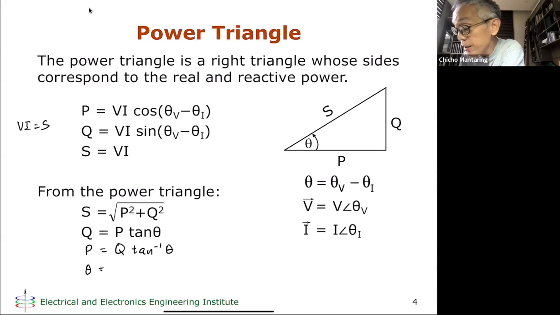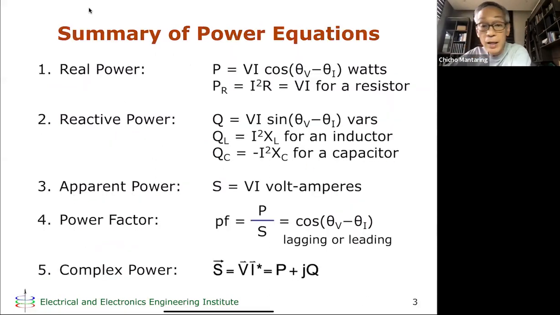Theta is the arctangent of Q over P. So all I'm saying is this is all you have to remember, and you can practically derive all of these quantities.